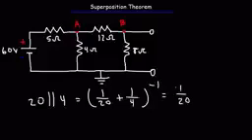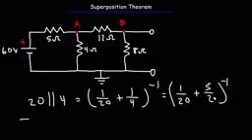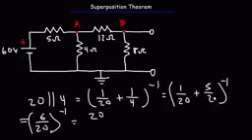Now 1 over 4, if you multiply that by 5 over 5, that will give you 5 over 20. And so this is 6 over 20. And then when you raise it to the minus 1, it becomes 20 over 6, which is 10 over 3. And of course, you can type this in your calculator to confirm that.